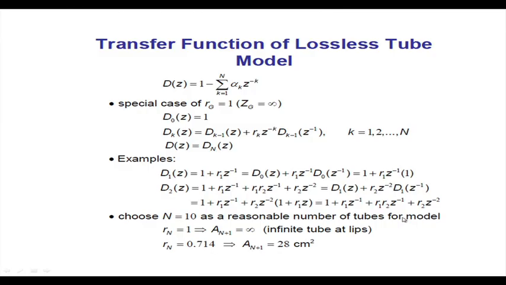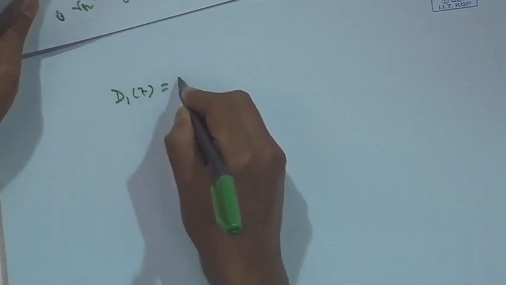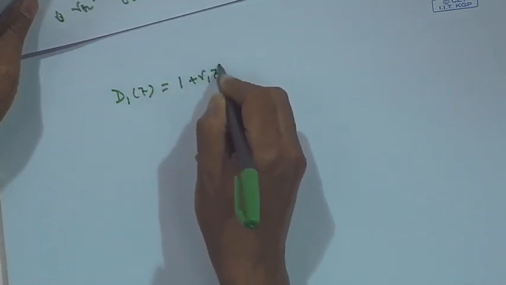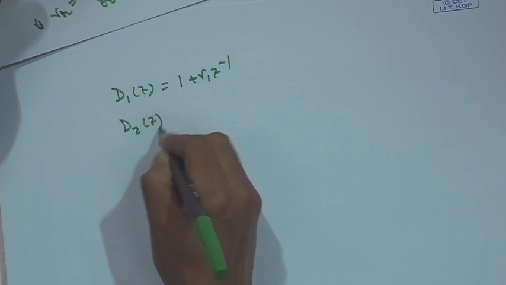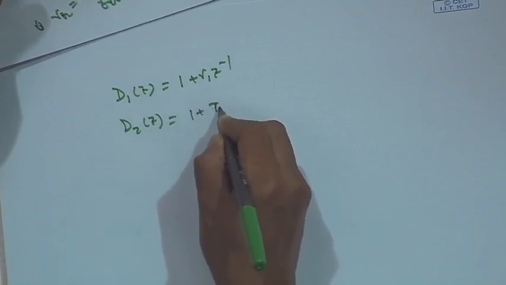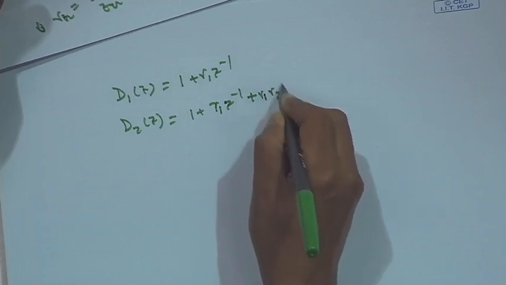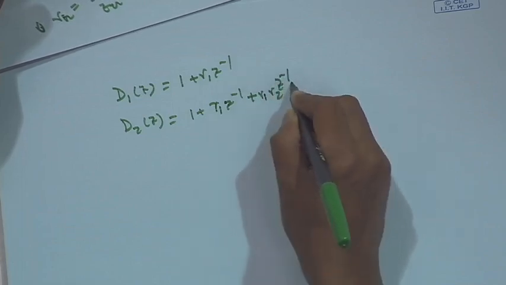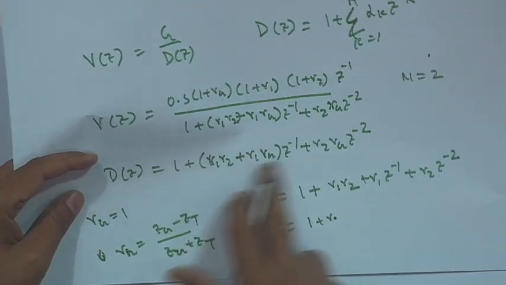So, d1(z), if Rg is equal to 1, is 1 plus R1 z to the power minus 1. d2(z) is 1 plus R1 z to the power minus 1 plus R1 R2 z to the power minus 1 plus R2 z to the power minus 2, which I have derived here.